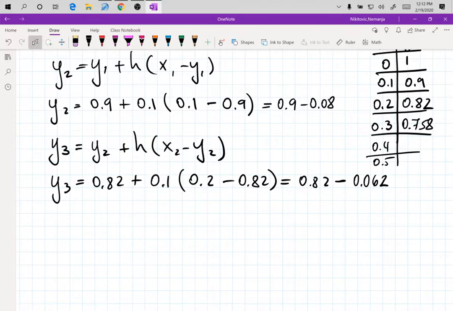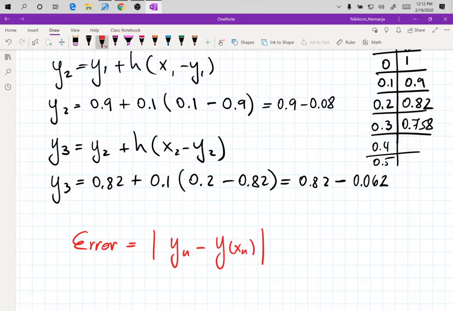So there is error. And I'm going to write that error as the absolute value of, let's just say, yn minus y of xn, where this is the actual, and this is your approximation.